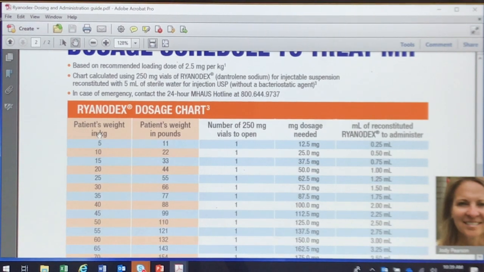So this is all weight-based dosing, and it is actual body weight. So if you do have a very obese patient, you will follow this. Also, take note, if it's a 5 kilogram baby, you will be mixing up 1 vial. The baby will need 12.5 milligrams, and you will only be administering 0.25 milliliters.